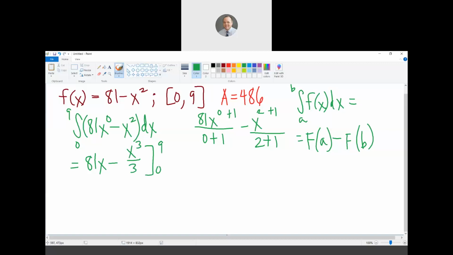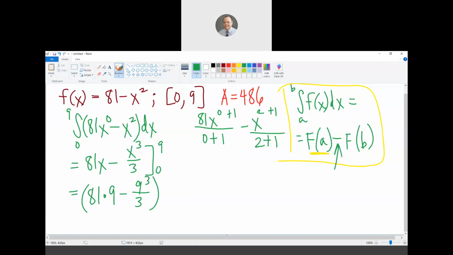And we're ready to find the area. According to our fundamental theorem of calculus, part 2, we plug our upper limit of integration into our integral first. Everywhere you see an x, plug in 9 first. Minus sign comes next, always.